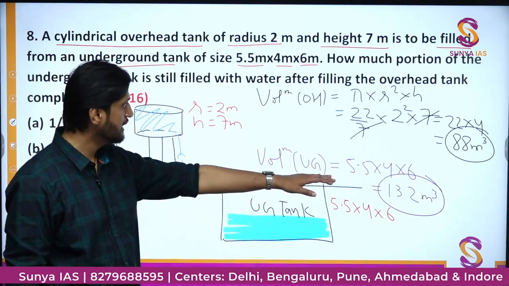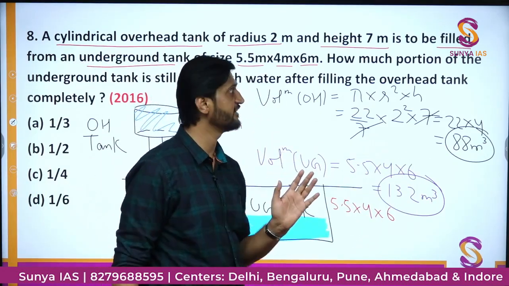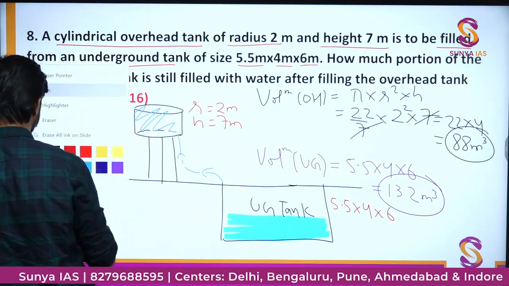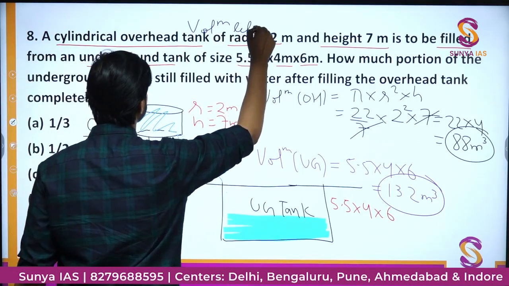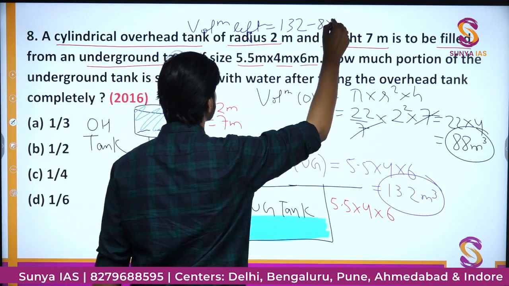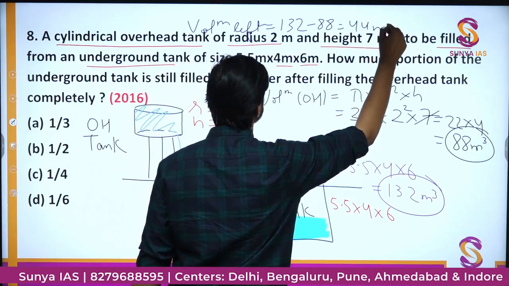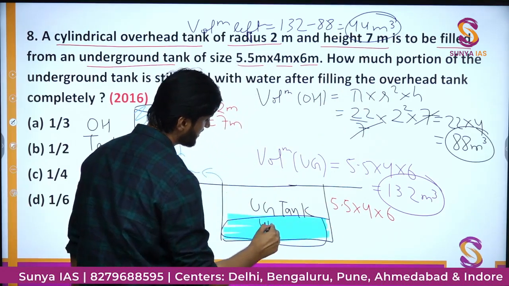So if we fill this much volume from the overall volume, how much will be the volume left? So the volume left will be simply just subtraction 132 minus 88, that is 44 meter cube. So this water left here is nothing but 44 meter cube.